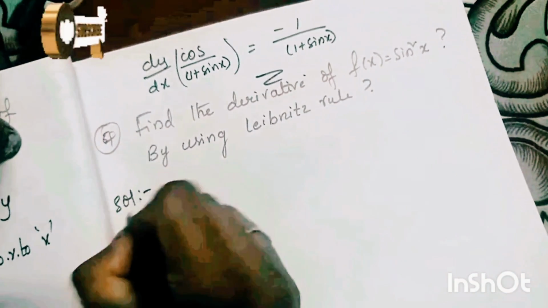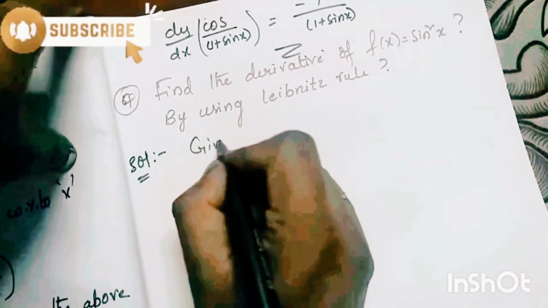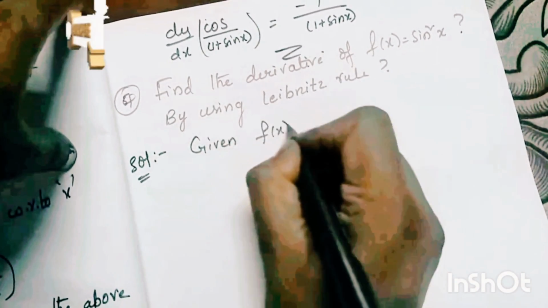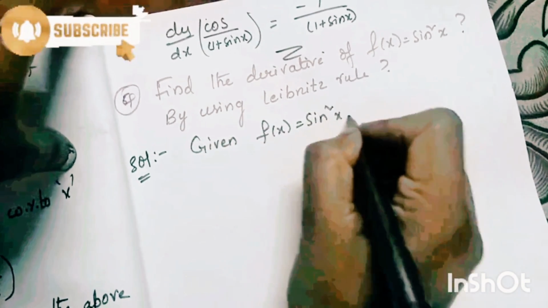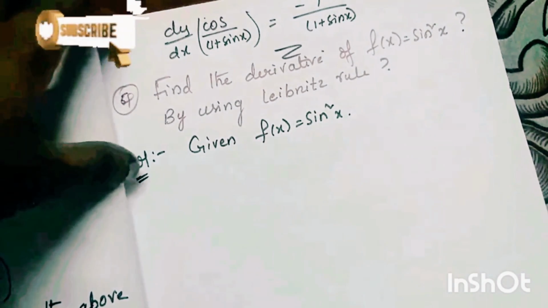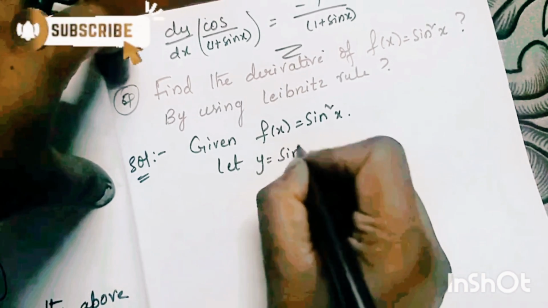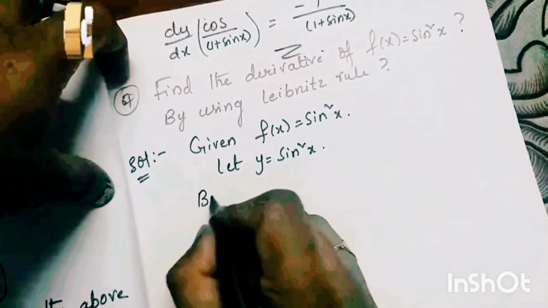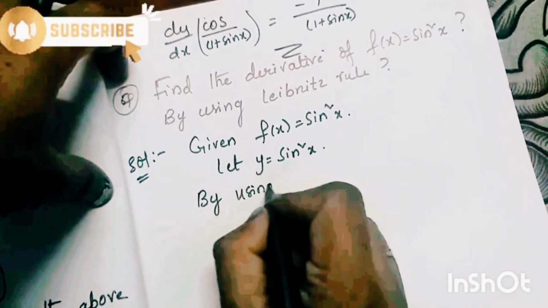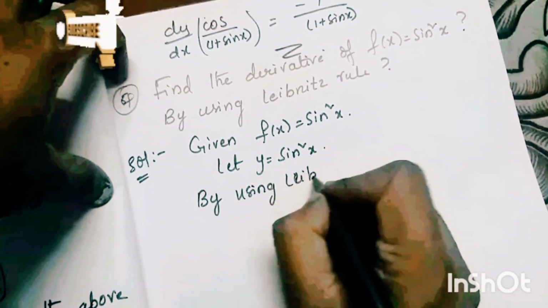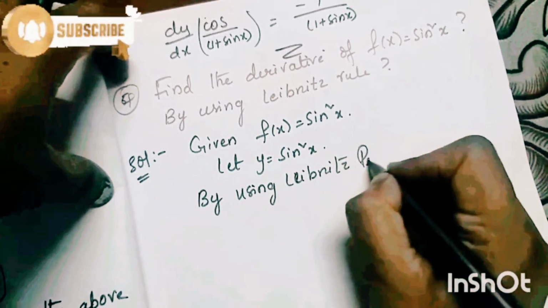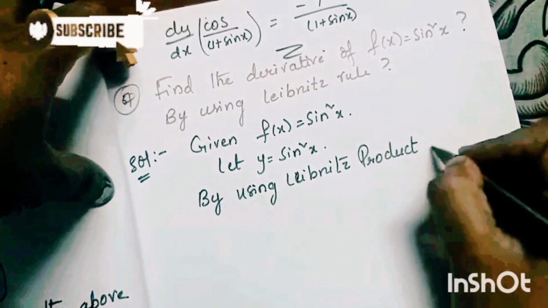Okay children, the given function is f of x equal to sin square x. Let us take y equal to sin square x. Now we have to solve this using the Leibniz product rule.